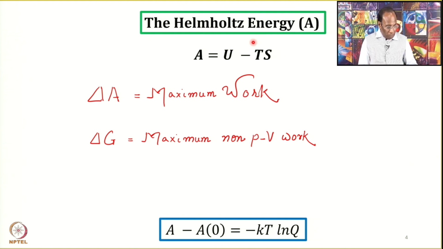But here, look at the definition of A. A minus A0 is equal to minus kT log Q. By spectroscopic means also you can get the value of delta A, depending upon the conditions. So, therefore, discussion on the Helmholtz energy is very, very important.